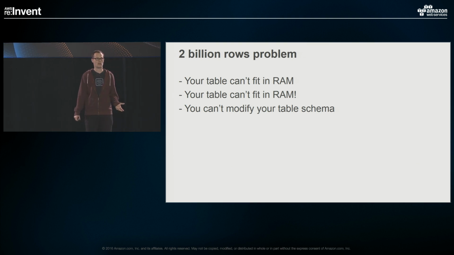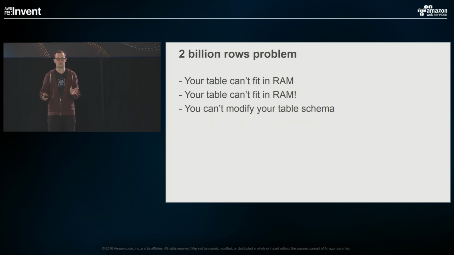So when you think about a 2 billion rows problem in a single MySQL table, the first problem is that your data very possibly can't fit in RAM. And your second problem is also that your data can't fit in RAM. So because your data can't fit in RAM, eventually you have to go to disk. Because you have to go to disk, you actually have to read from something that's far slower than RAM, which means that your performance is far more unpredictable than you would expect.